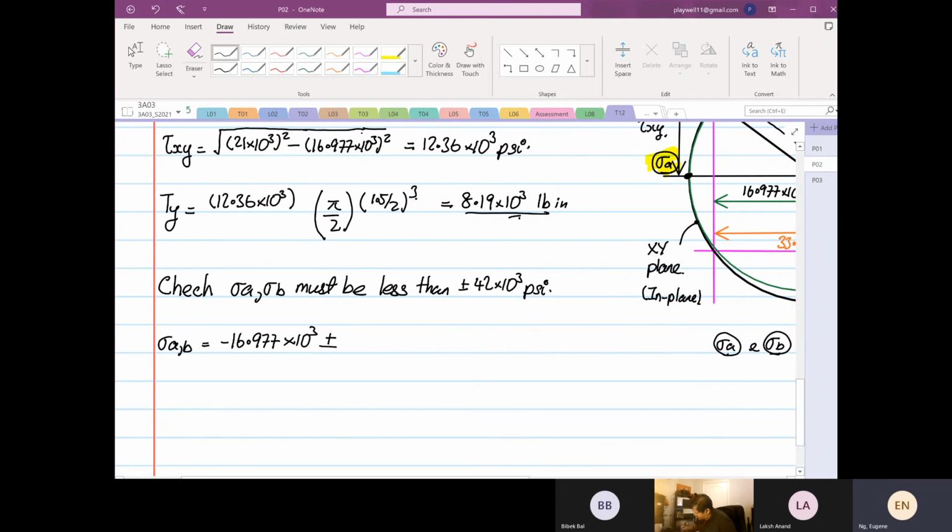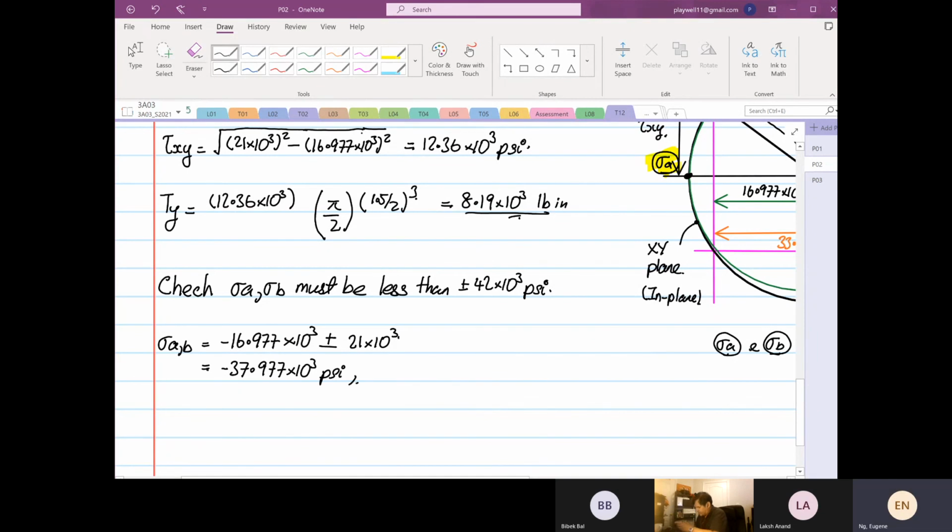Plus and minus the radius of the circle, which is 21 times 10 to the power 3, right? So this will be equal to minus 16.977 minus 21, so it's equal to minus 37.977 times 10 to the power 3 psi.